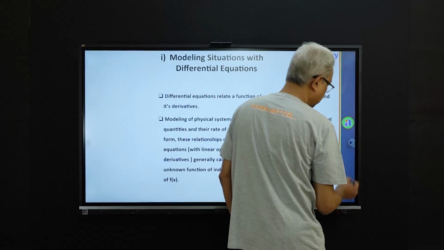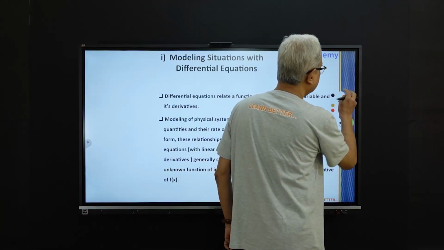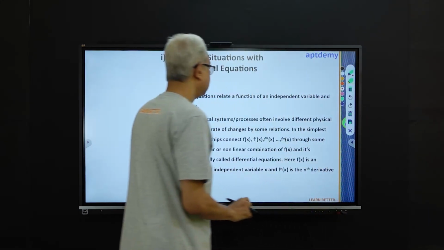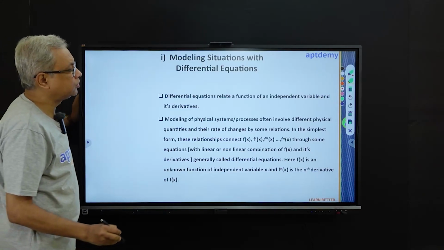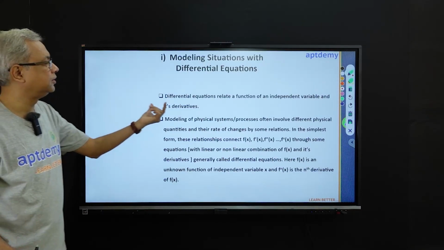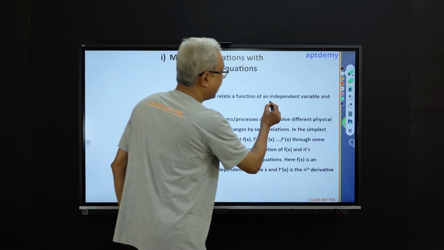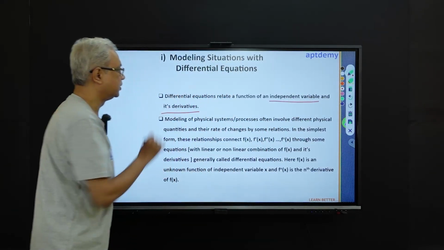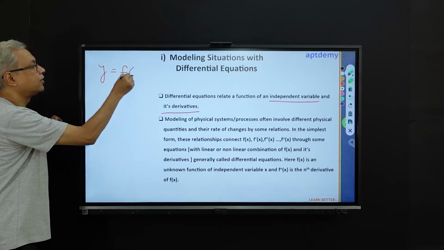Earlier I told you that there are three main pillars of calculus. One is differential calculus, another is integral calculus, and another is differential equations. What are differential equations actually? Differential equations relate functions of an independent variable and their derivatives. Say y is a function of x.